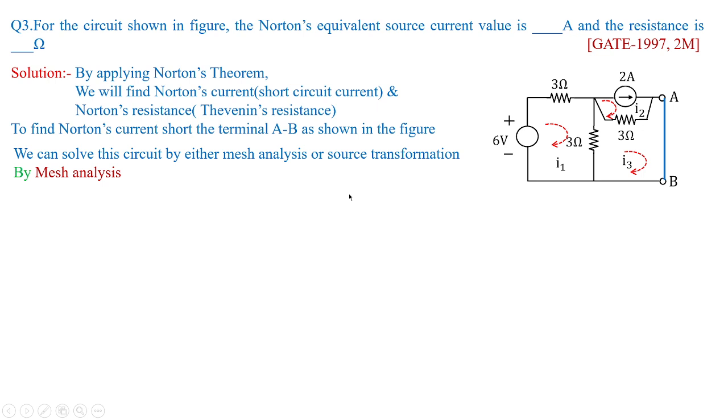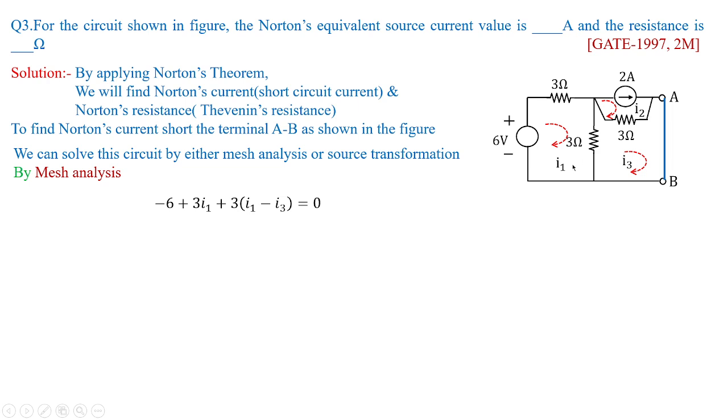Anyhow, let us apply KVL to the loop carrying the loop current I1. So here you can see I'm applying mesh analysis, or in fact KVL, to the loop current I1. So minus 6 is the voltage source, plus 3 I1 is the drop over the resistance 3 ohms, plus 3 times (I1 minus I3). Why I1 minus I3?